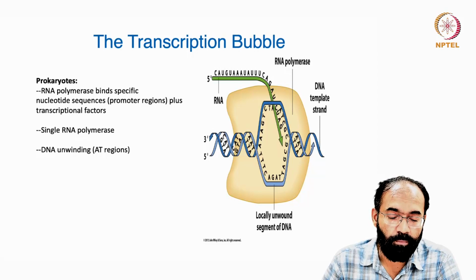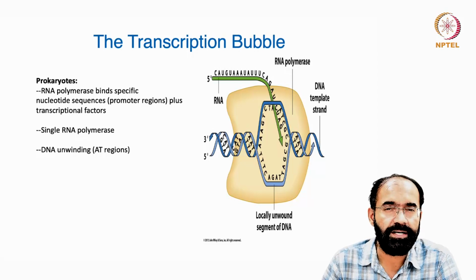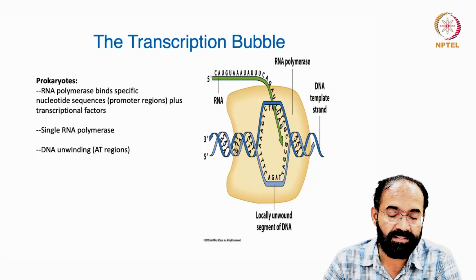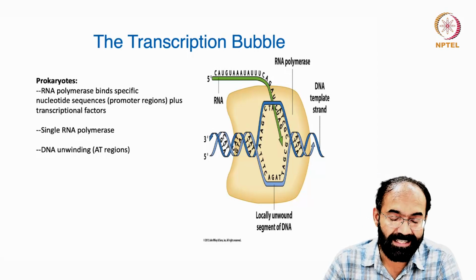We call them promoter regions or regulatory regions. We will see more in detail about gene regulation, how the various protein factors are contributing to it. But for the time being, we are understanding the basics of transcription in a prokaryote.